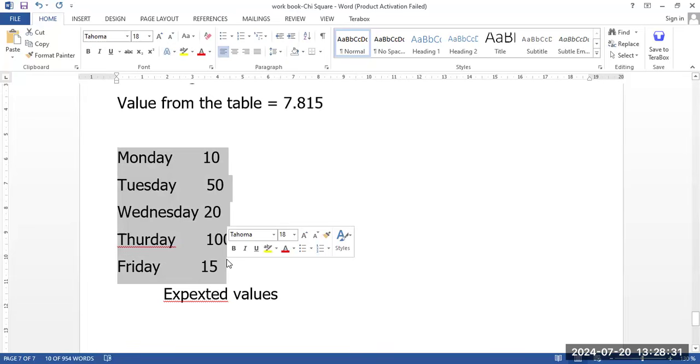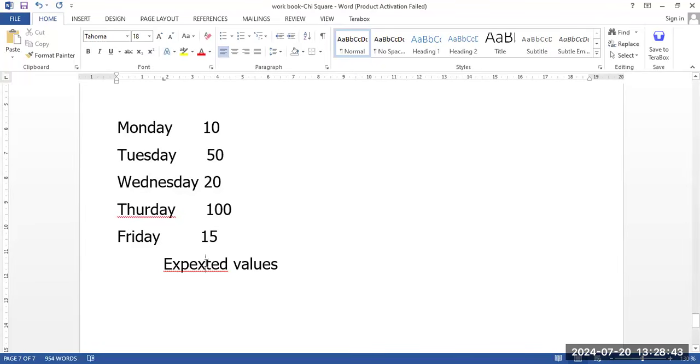Minus probabilities or any portion. They just give you this as the observed. They give you the level of significance. They say you test at, let's say, 5%. How will you get the expected value?